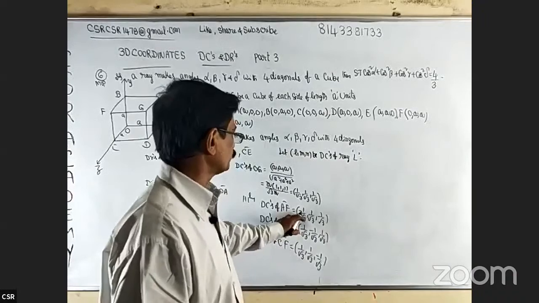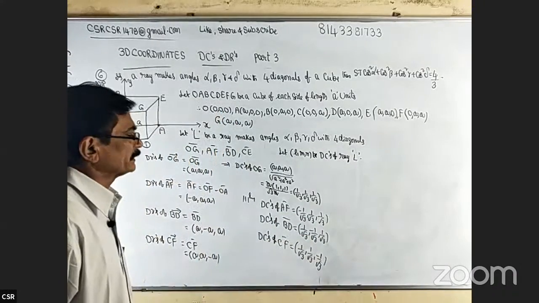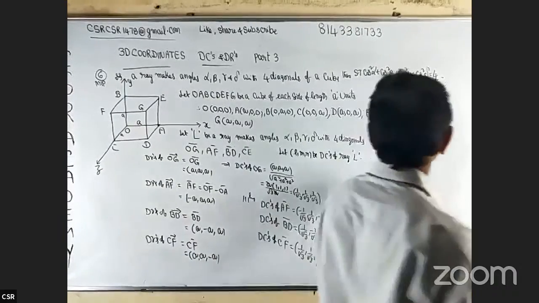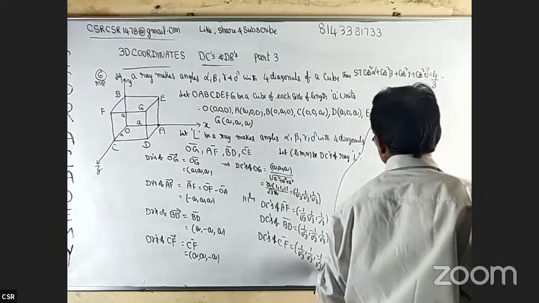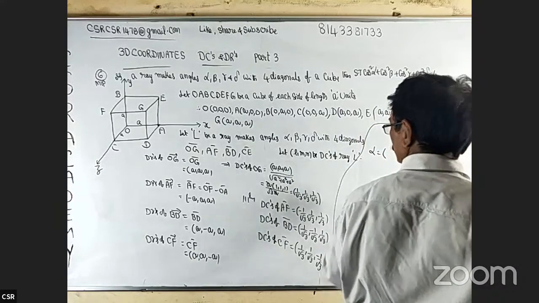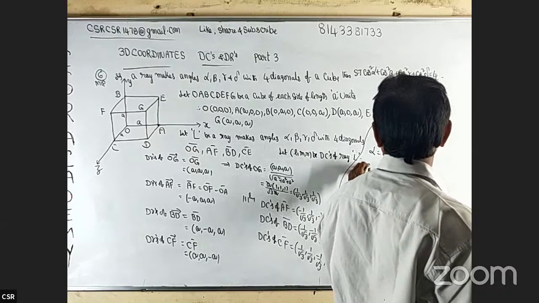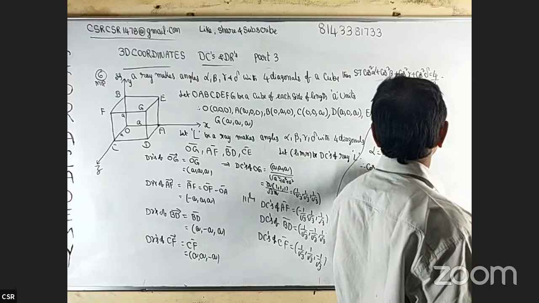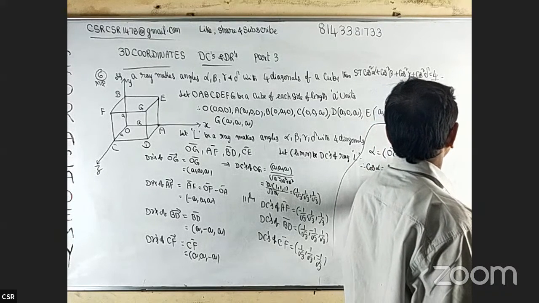All plus, first one minus, second one minus, third one minus. These are the direction cosines. Now alpha means the angle between OG and L. Therefore, cos alpha by the formula is L1 L2 plus M1 M2 plus N1 N2.